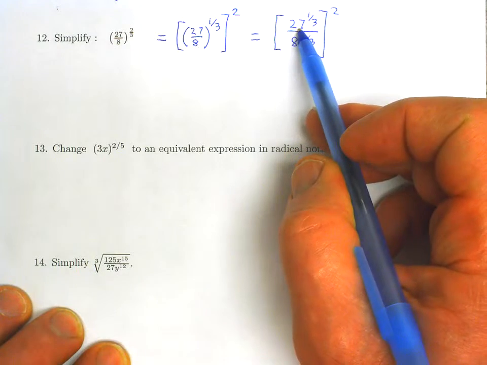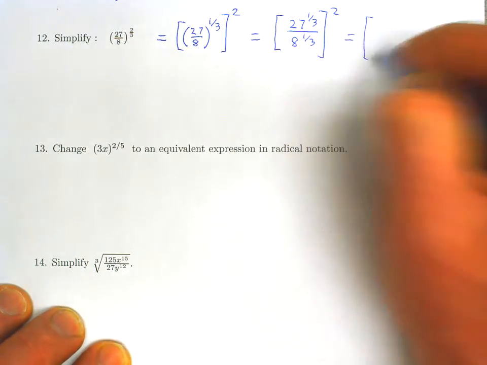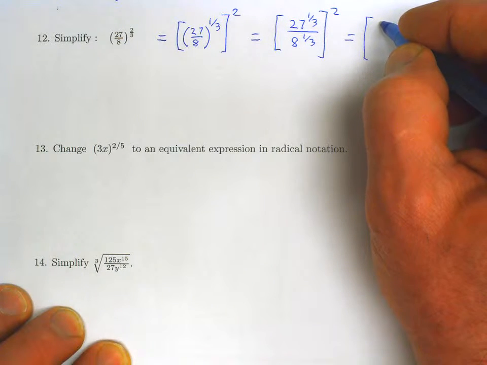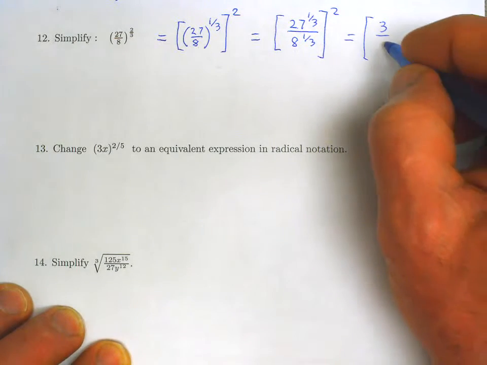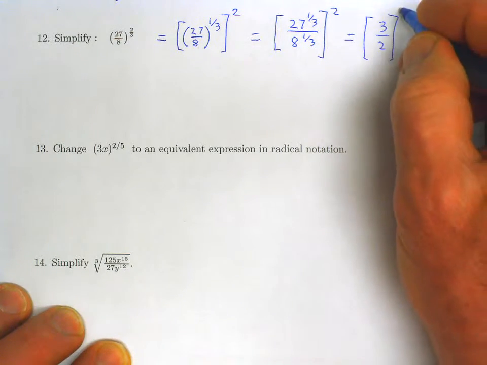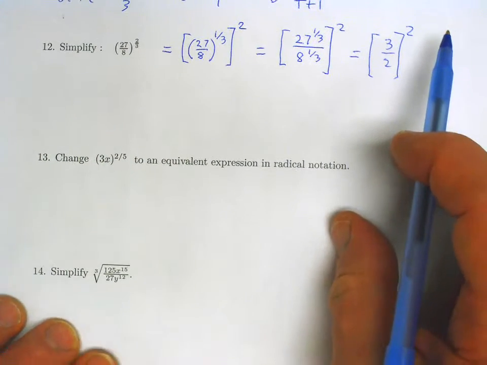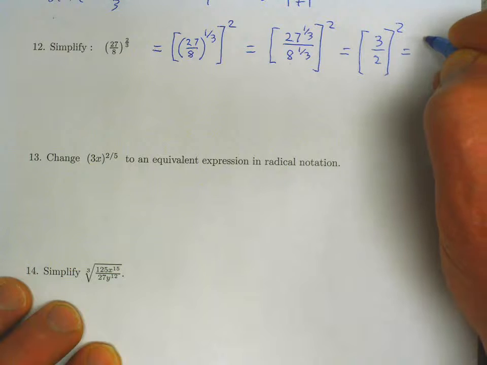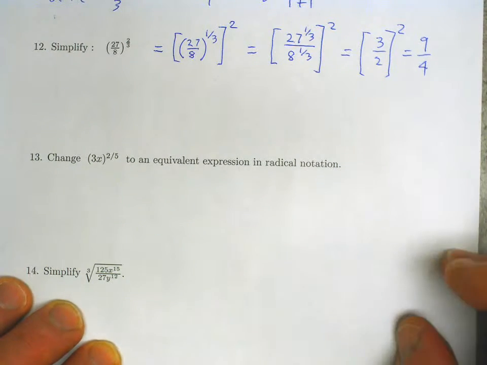The 27 to the 1/3 is the cube root of 27, which is 3. 8 to the 1/3 is the cube root of 8, which is 2. And then finally we square that quantity. When we square 3/2, that means 3/2 times 3/2, so we get 9/4 for the final answer on that one.